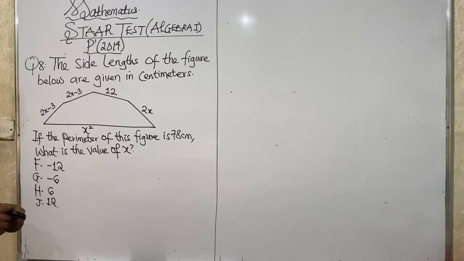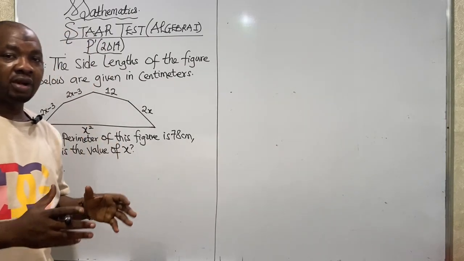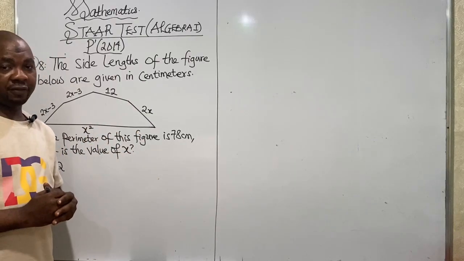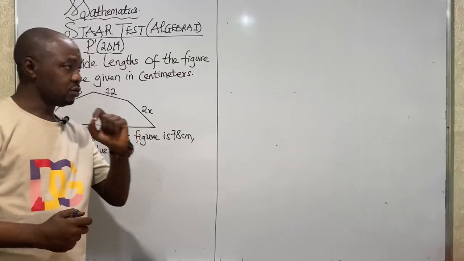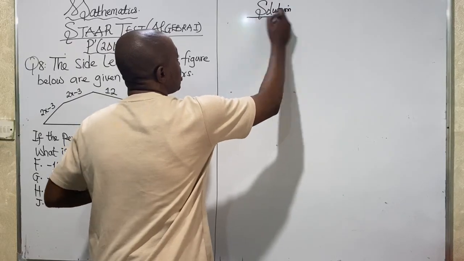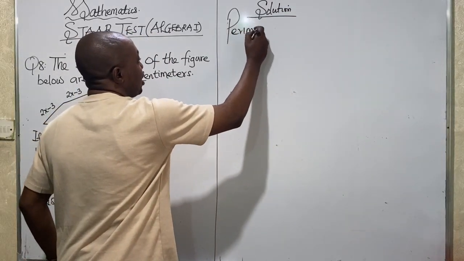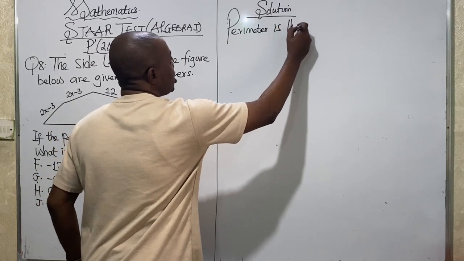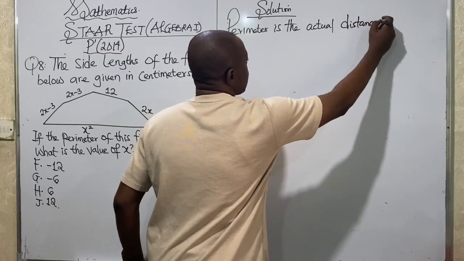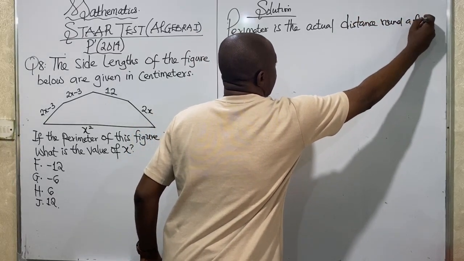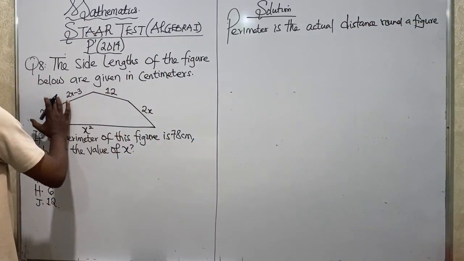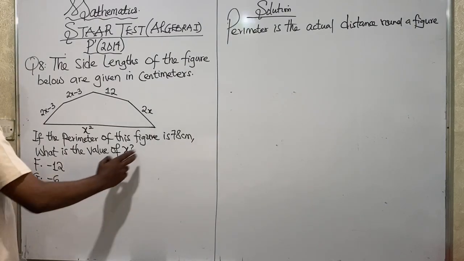Now to be able to calculate the value of x, we need to understand that the perimeter of a figure is the sum total of the side lengths bounded by the figure, or the actual distance round the figure. So the sum of all the side lengths will be equal to 78.